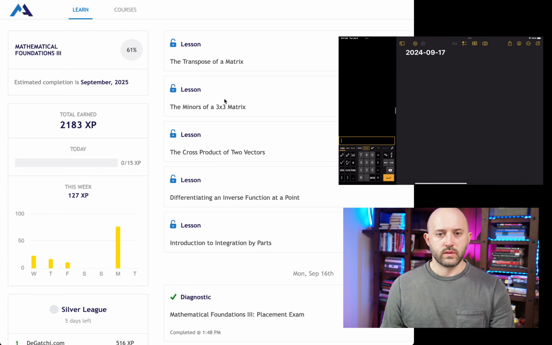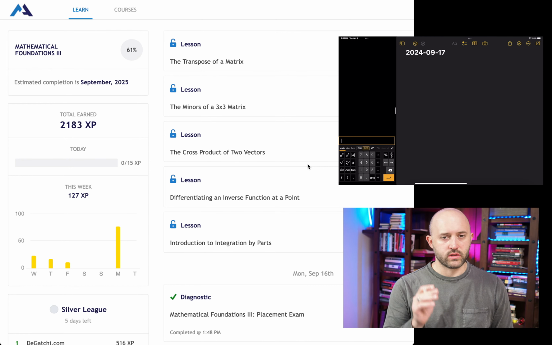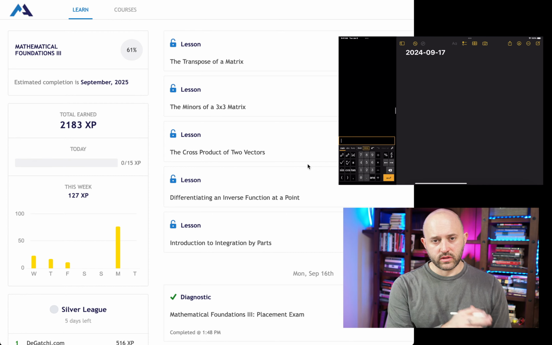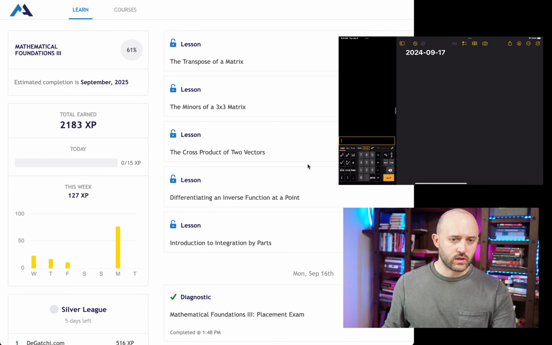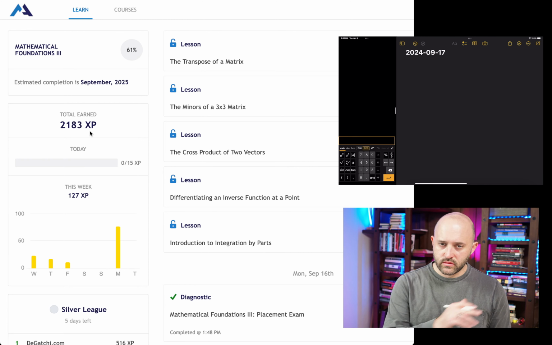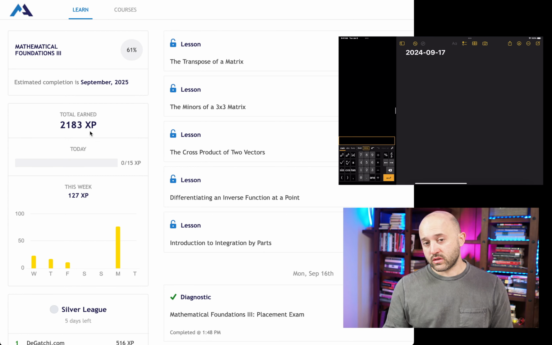Move this over a little bit. So today, I finished Math Foundations 1 by just testing out of it. I was about 70% done with Math Foundations 2. It took me about 2 months to work through and earn just over 2,000 experience points, finishing out Math Foundations 2. I'm now in Math Foundations 3.